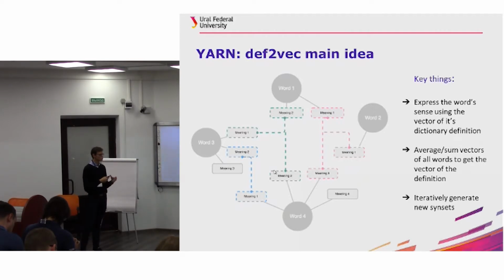Then, to extract different meanings from the cluster, we designed an extension of the classic agglomerative clustering algorithm. It works the following way. For every word, we get a sense vector and search for the next sense vector corresponding to another word.